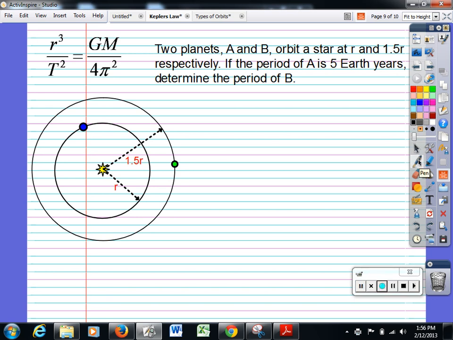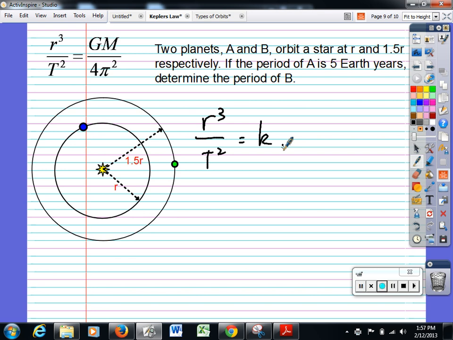We are not given any values for radius, we haven't been given anything for the mass and so on. So this time we're going to go back to Kepler's idea that r cubed on t squared is a constant for all objects orbiting the same central object.